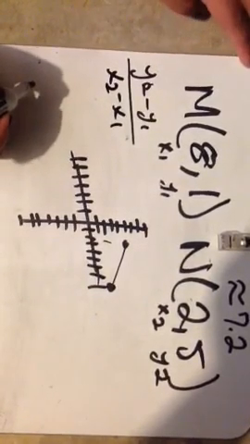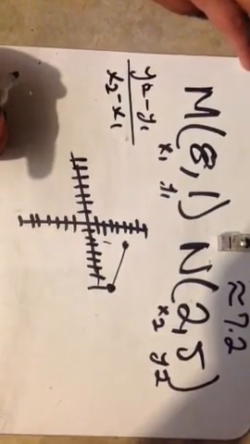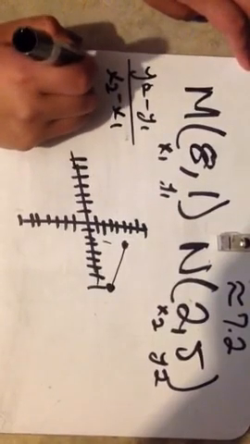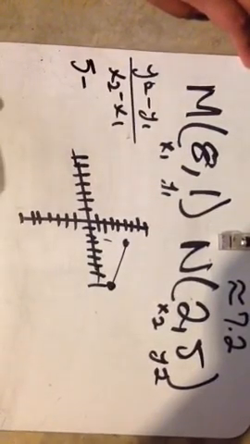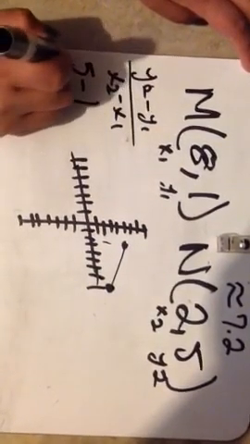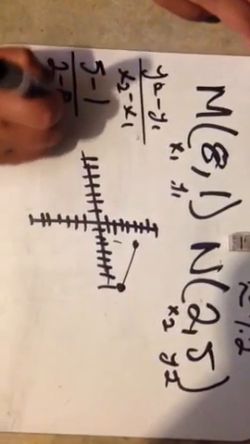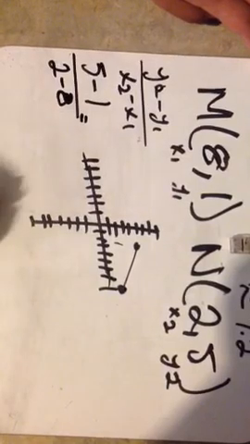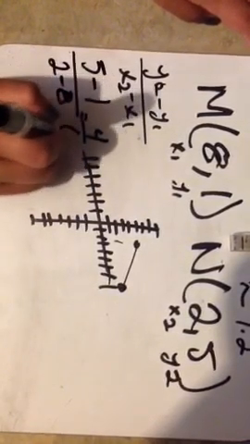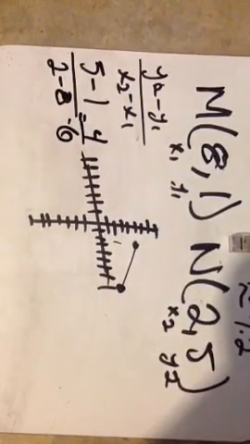In this case, y2 is 5, so 5 minus 1, and 2 minus 8, which would equal 4 over negative 6.